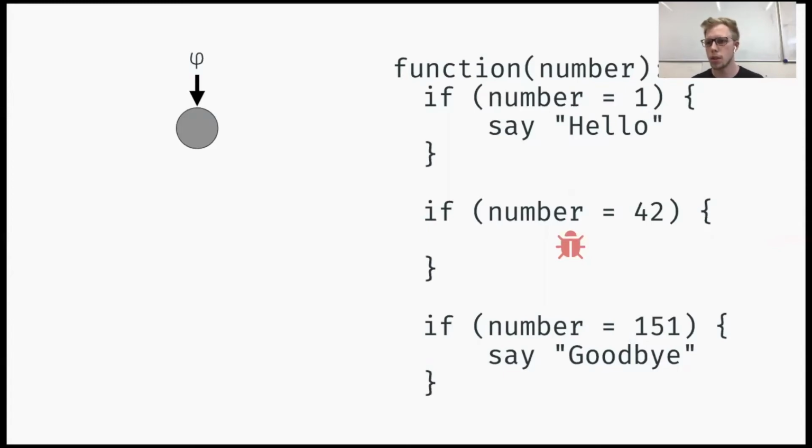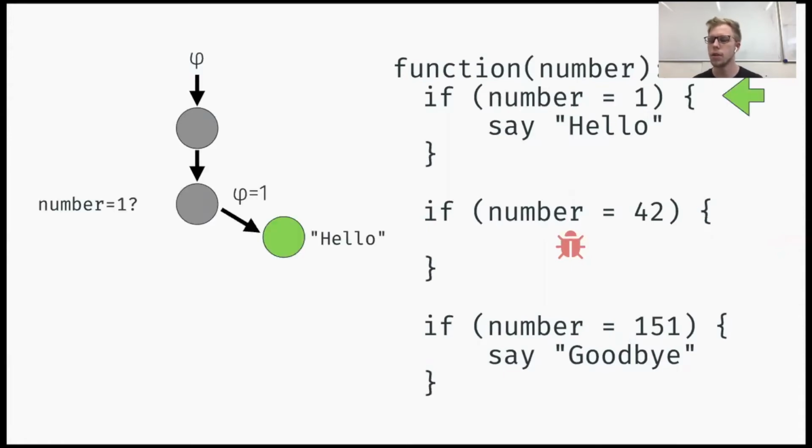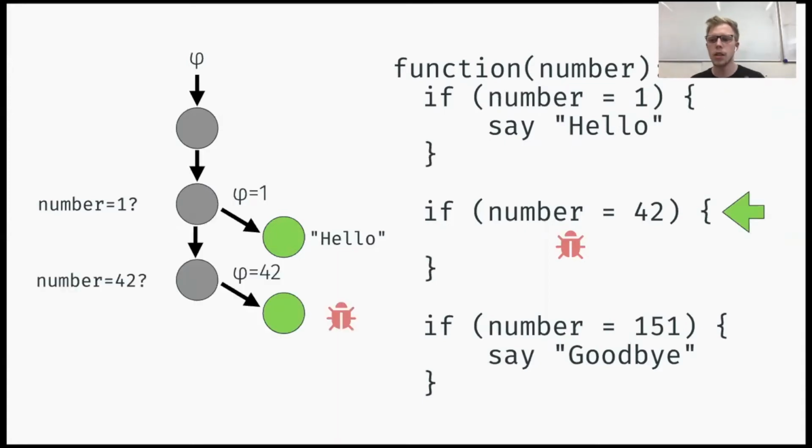So we go through the program, we arrive at the first if statement, and we say, okay, now we branch. If the number is 1, we go into the if statement and say hello. Otherwise, we continue. And this way, we try to explore the entire state space of the program, because at every junction, we basically fork execution and explore both paths, right?